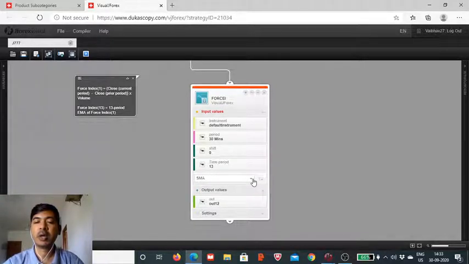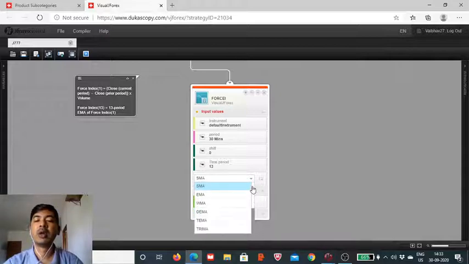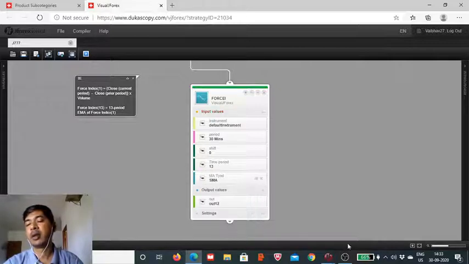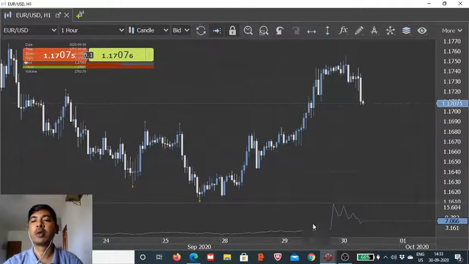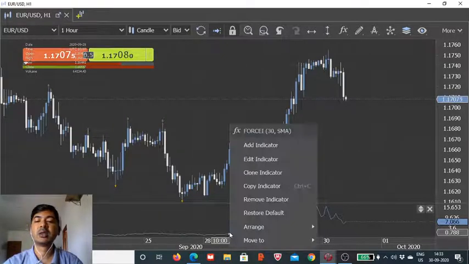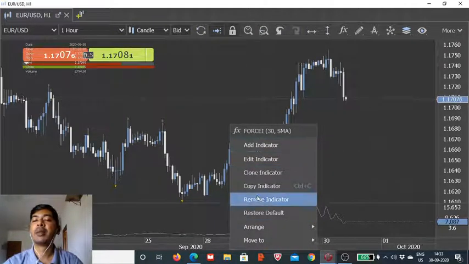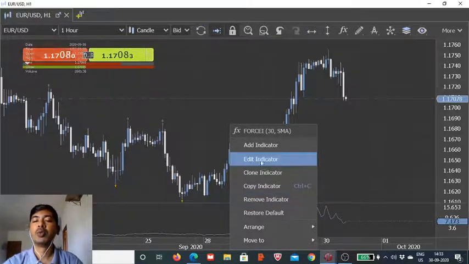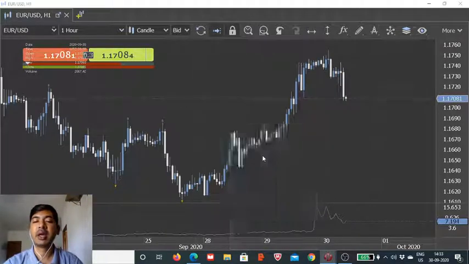Then coming to the moving average type, here we have all the options listed which can be used to define the moving average type: the SMMA, LWMA, HMA, T3, all the way to SMA. Let us see what kind of changes are visible when we change the SMA to a different moving average type.